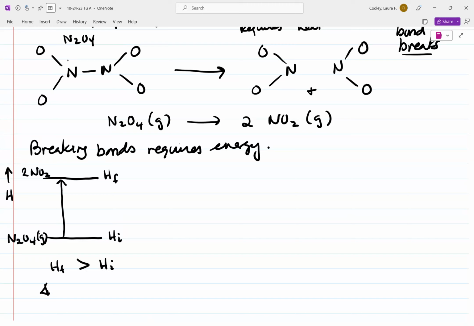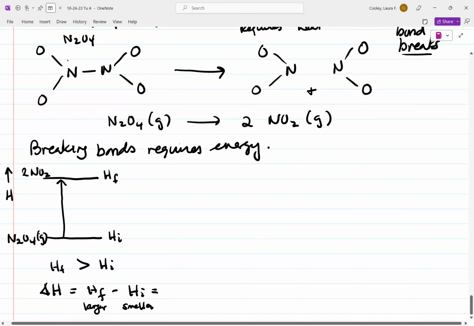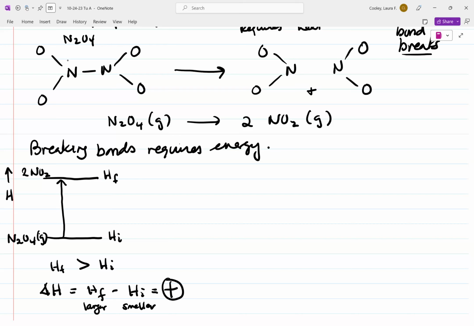So the delta H, the change, which is the final minus the initial, is a larger number minus a smaller number. So what's the sign? Positive, right? So delta H is positive, it's endothermic.